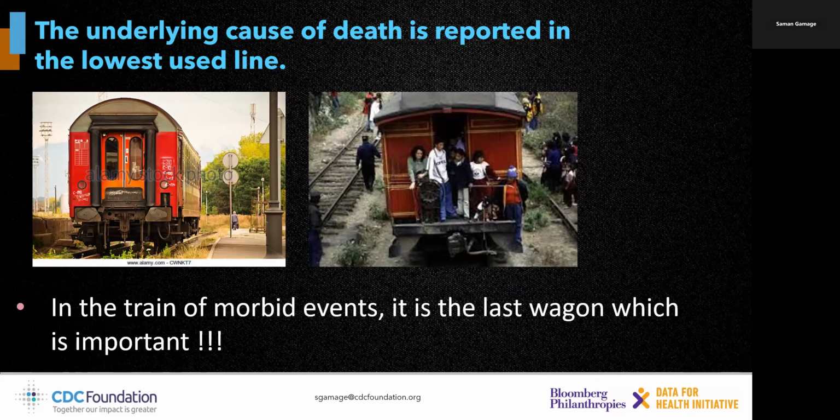In the train of morbid events, it is the last wagon which is most important. As you all know, in a train, the most important compartment is the engine, without which the train would not move. However, in the train of morbid events, it is the last wagon which is most important, the condition reported on the lowest used line.